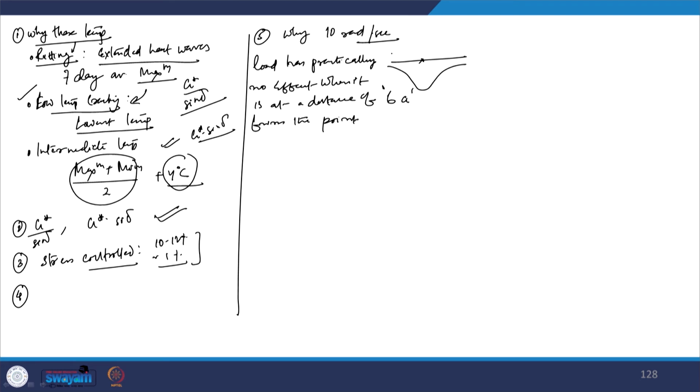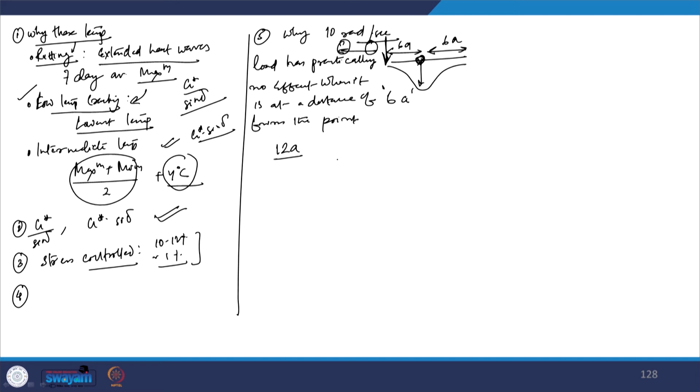If the load is beyond this point, it will have no effect. Only when the load comes here, at a distance of 6 A from the point, a deflection bowl will start appearing for this particular point. Similarly, this side also it should be 6 A. So, the total deflection bowl becomes equal to 12 A.